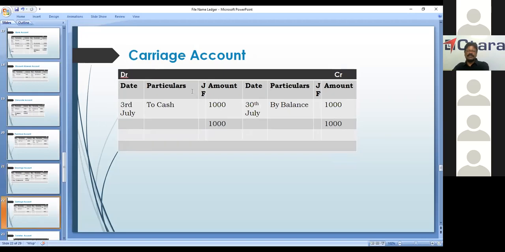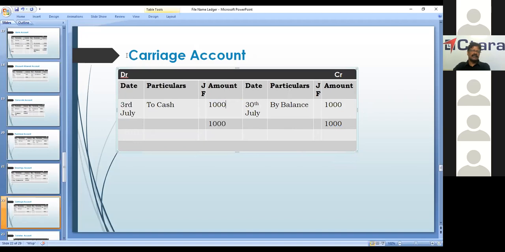Carriage account debit to cash account. Carriage being a debit item, go to the debit side of the account and write 10,000. Paid carriage charges through cash. So to cash, how much? 10,000, and you have to balance it by putting the same amount on the other side. Okay, so it is balanced.